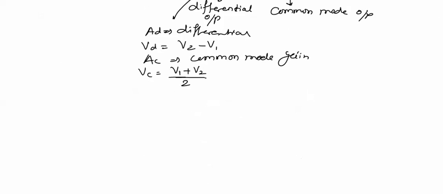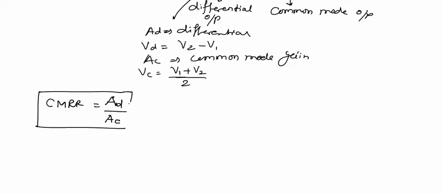From this equation we can define CMRR. CMRR is the ratio of differential gain to common mode gain. In the output, the common mode output should be absent. The output should be equal to the differential output.